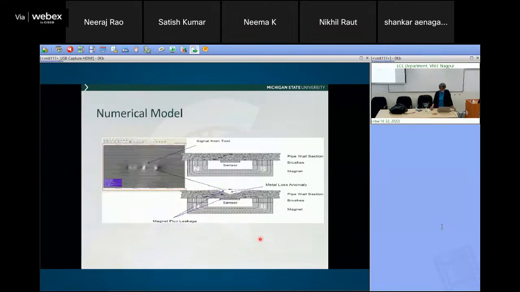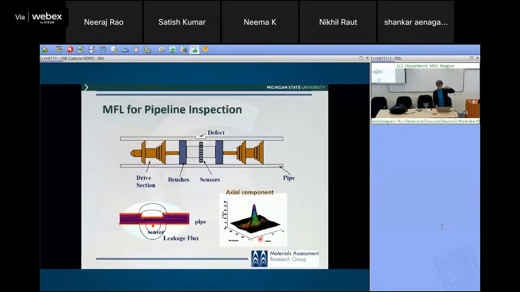And here is a numerical model. This is the sample geometry. The sensor is here, and this is the defect, a metal loss defect. And this is the magnetic flux leakage image that you can get from a simulation model. This is for a flat geometry, and for a pipeline, which we will do in the afternoon, we have a very similar problem.